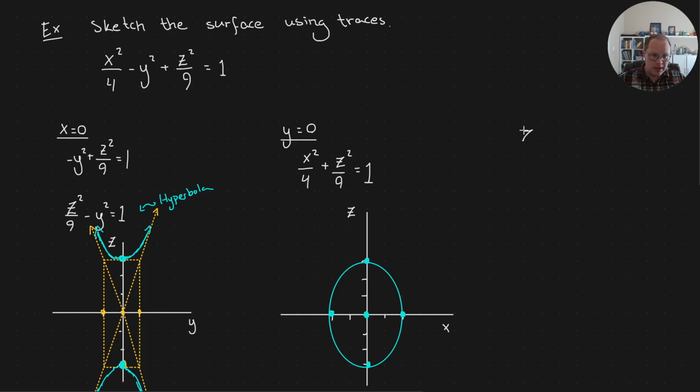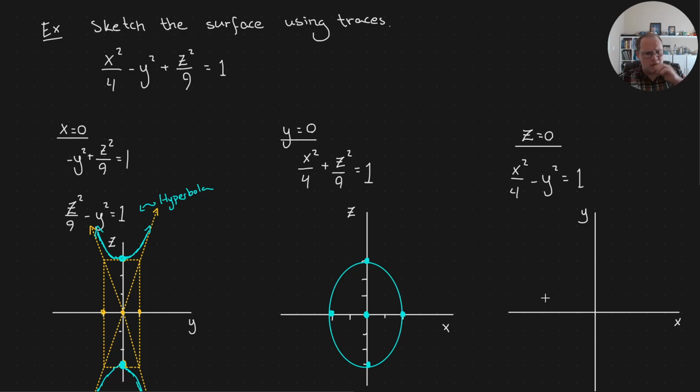Let's graph one more plane. Z equals 0. If I plot z equals 0, I get x squared over 4 minus y squared equals 1. I recognize that equation. That's another hyperbola. So this will be my x-axis. This will be my y-axis. So I'm going to go, let's see, 2 units out from the center, which is the origin. 2 units out from the center in the x direction. Let's use yellow here.